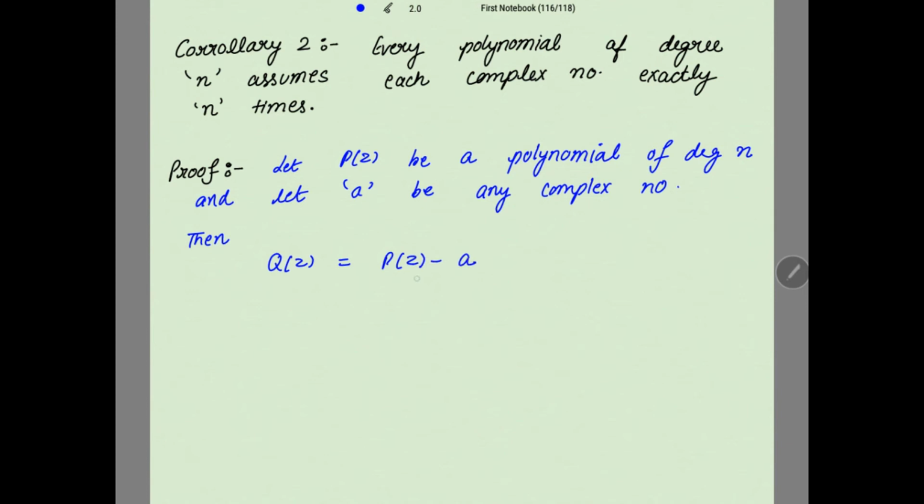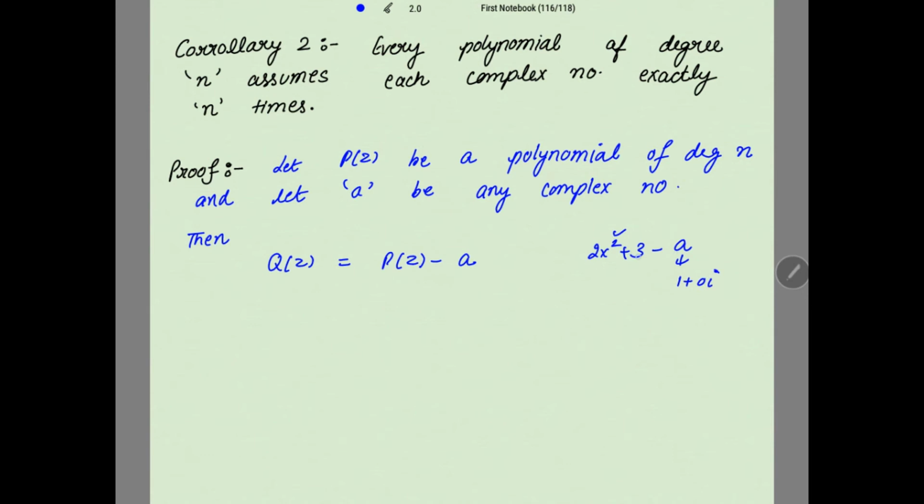If I subtract a complex number from a polynomial, then the degree remains the same, right? Suppose you have a polynomial 2x squared plus 3. If you subtract some complex number from here, say 1 plus 0i, then the degree will remain the same.